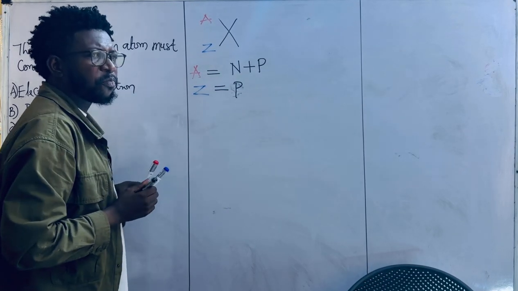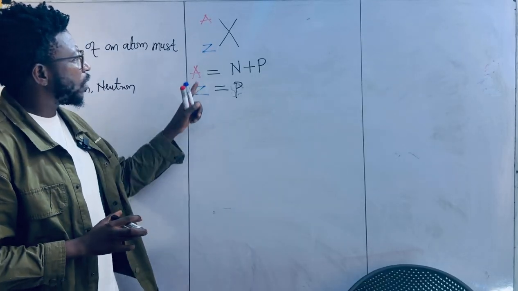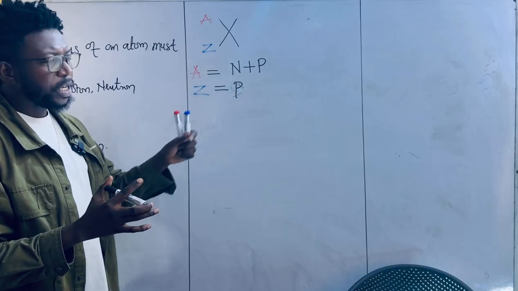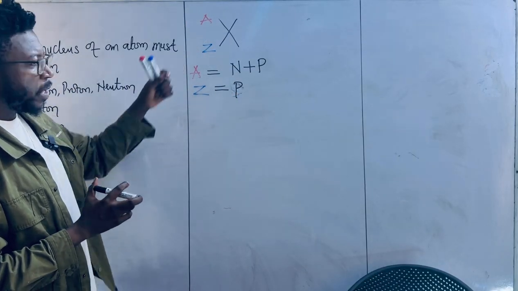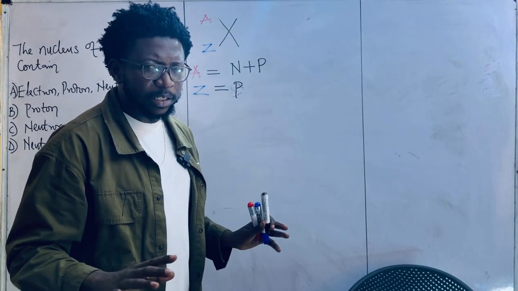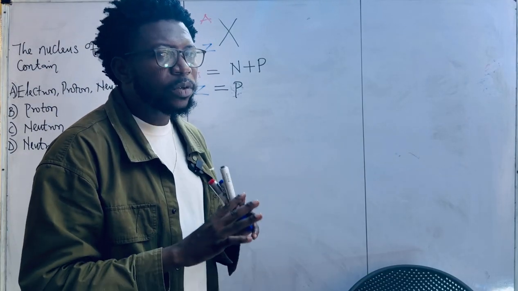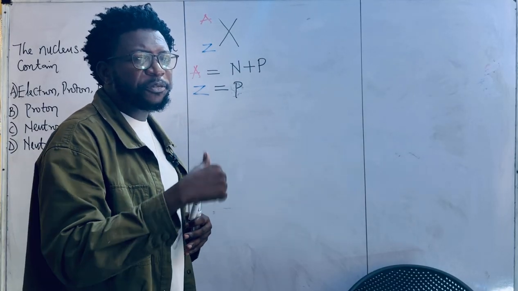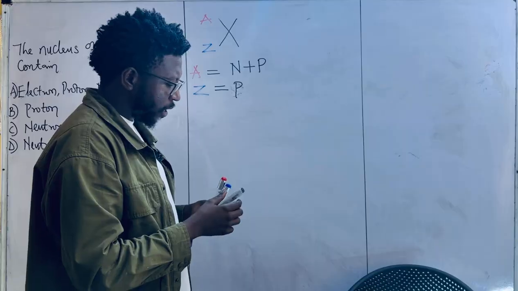So the amount of protons in the nucleus is represented as Z, while the sum of protons and neutrons is represented as A. Now, we are going to look at the simplest atom on Earth, which is hydrogen. However, we have three different atoms of hydrogen.